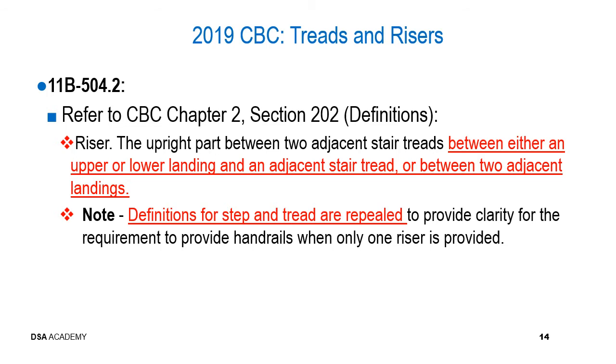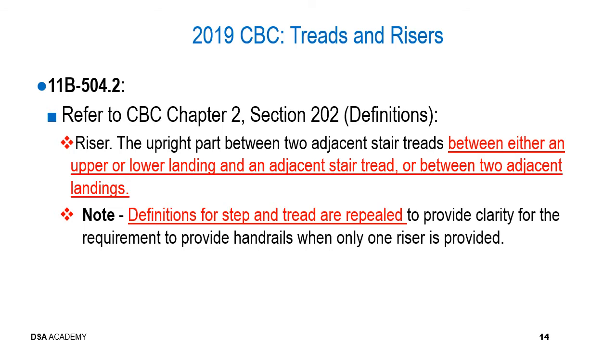With regards to treads and risers, most of it is the same as before, but there is some modifications here as outlined by the change with the text and the bullet styles identified. With regards to the riser, the upright part between two adjacent stair treads, this is a new definition part of it now.